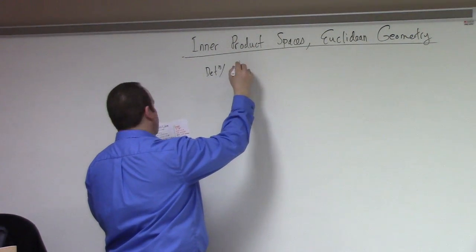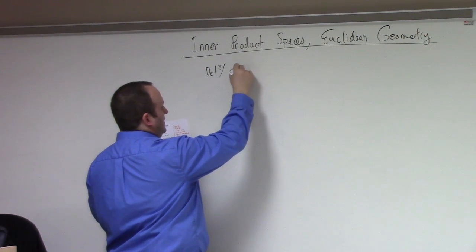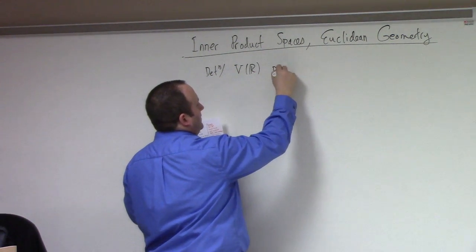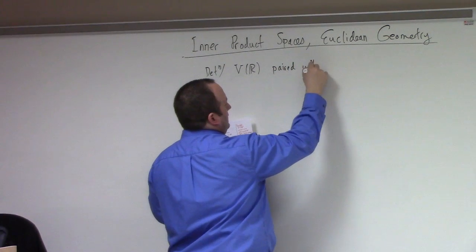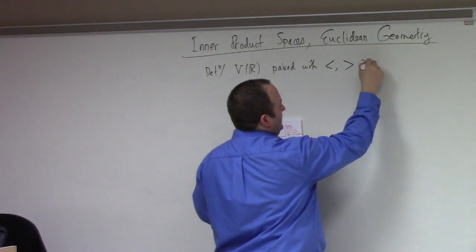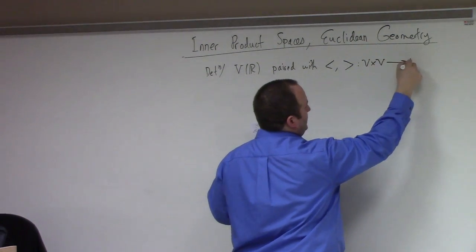So I'm going to start out with a definition. My definition is V, a vector space over the reals, paired with a function, which we'll write with an angle bracket like this. This function is from the Cartesian product of V to the reals.